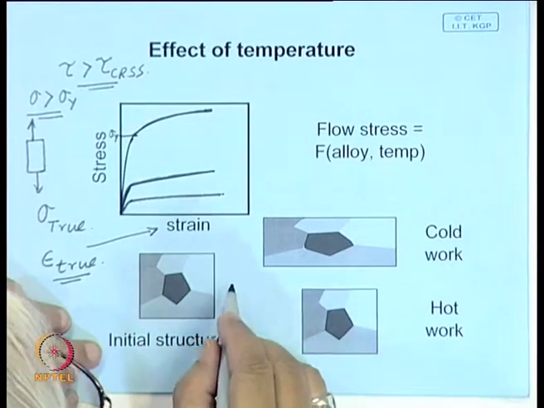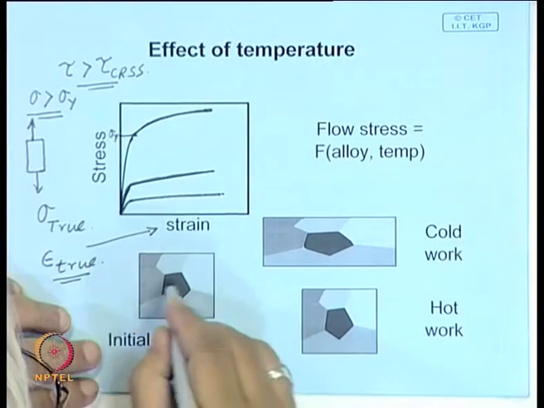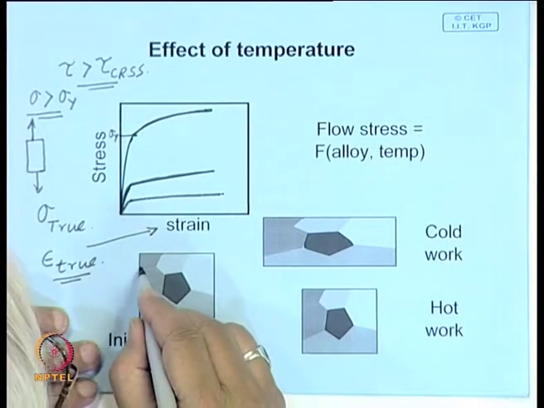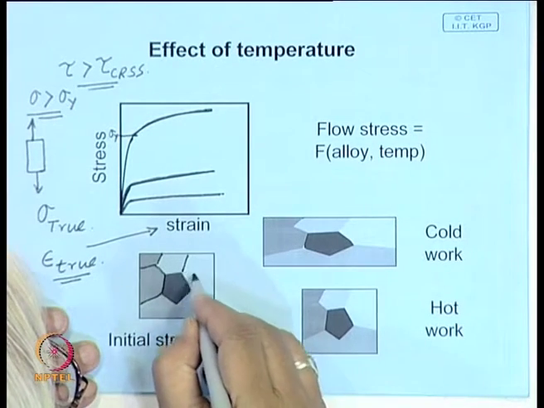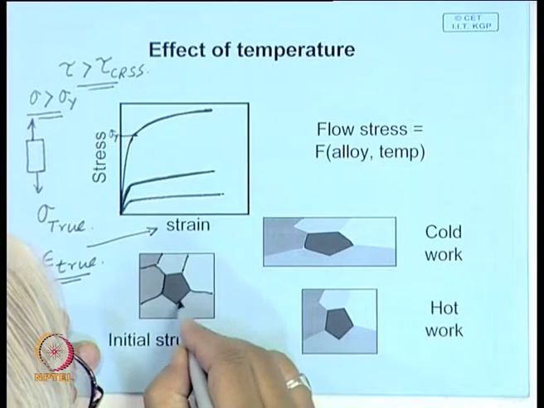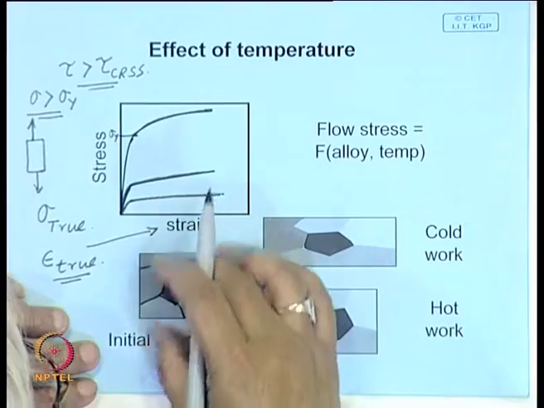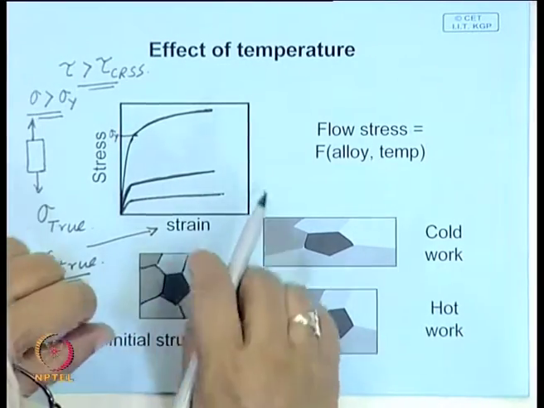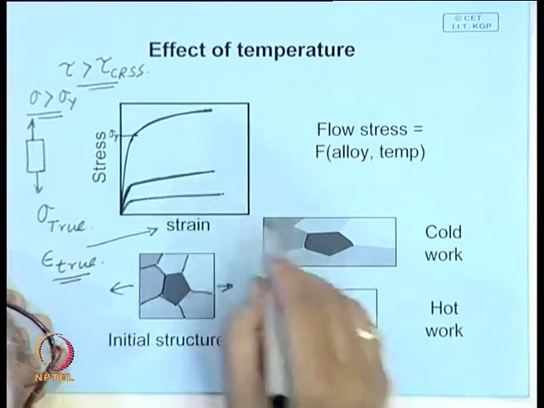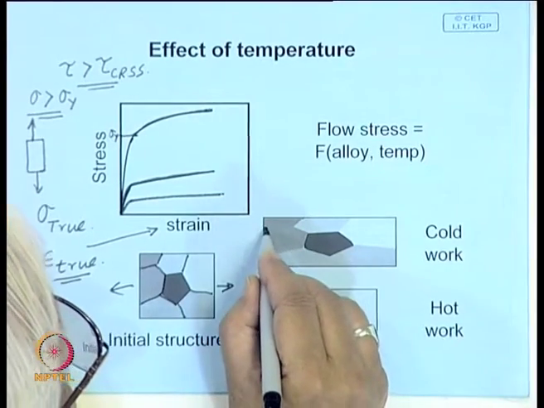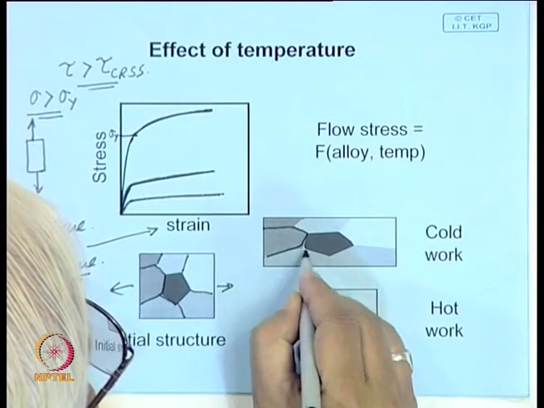And if we look at the microstructure, suppose initially the metal has this type of microstructure, you have different, differently oriented grains, and if you deform it, say you are pulling it in this direction, and you are doing it at a low temperature, you may find that these grains get elongated.